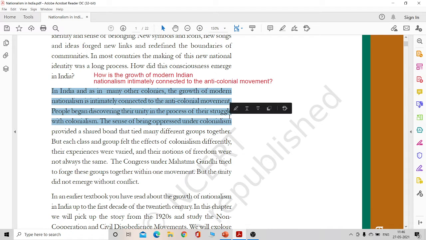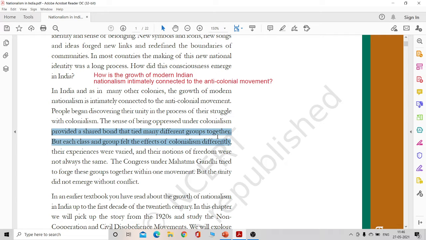So here we see that the growth of Indian nationalism is directly related to the anti-colonial movement. It's a reaction against the colonial government. The sense of being oppressed under colonialism provided this shared bond which people felt, and it tied different groups together. But each class and group felt the effects of colonialism differently, their experiences varied, and their notions of freedom were also very different from each other.